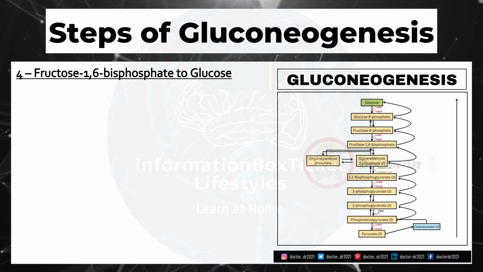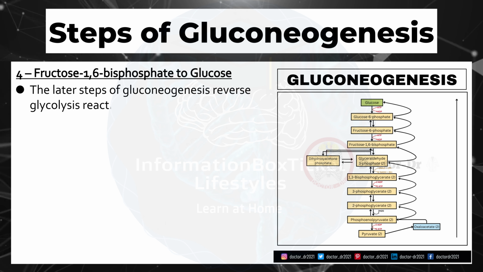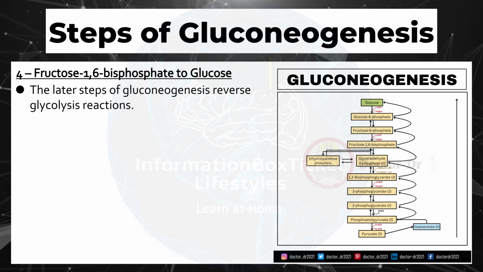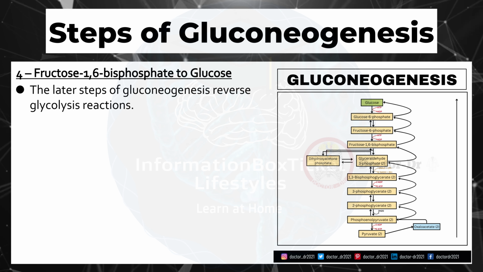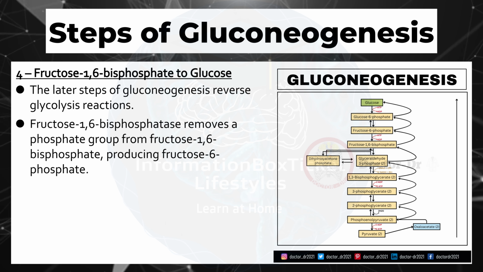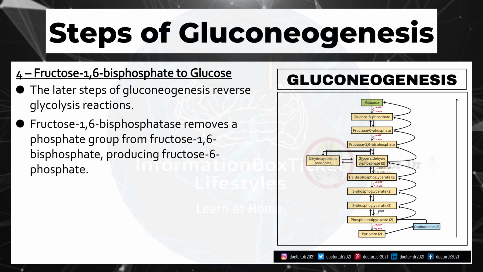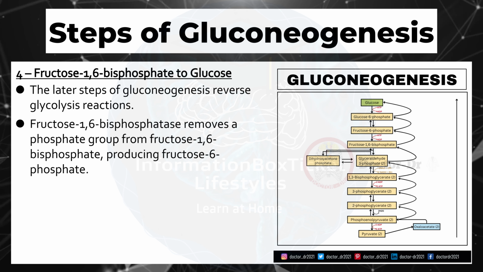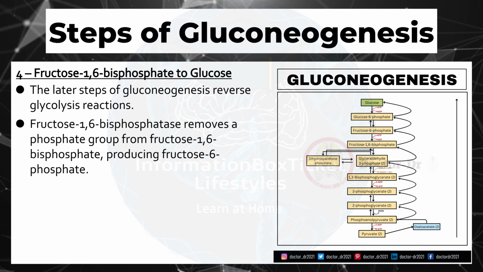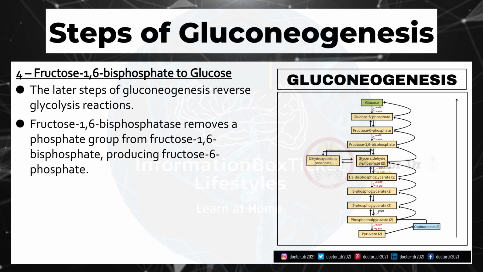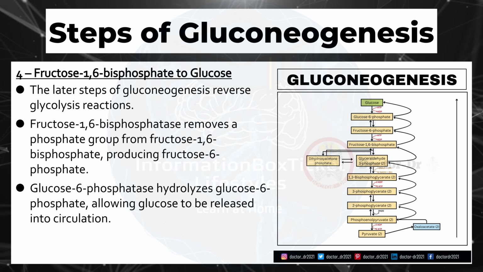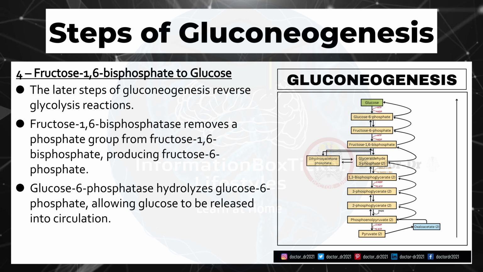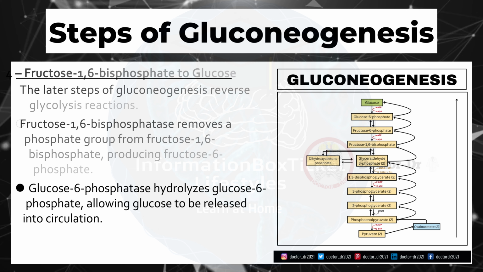Fourth, fructose 1,6-bisphosphate to glucose. The later steps of gluconeogenesis reverse glycolysis reactions. Fructose 1,6-bisphosphatase removes a phosphate group from fructose 1,6-bisphosphate, producing fructose 6-phosphate. Glucose 6-phosphatase hydrolyzes glucose 6-phosphate, allowing glucose to be released into circulation.